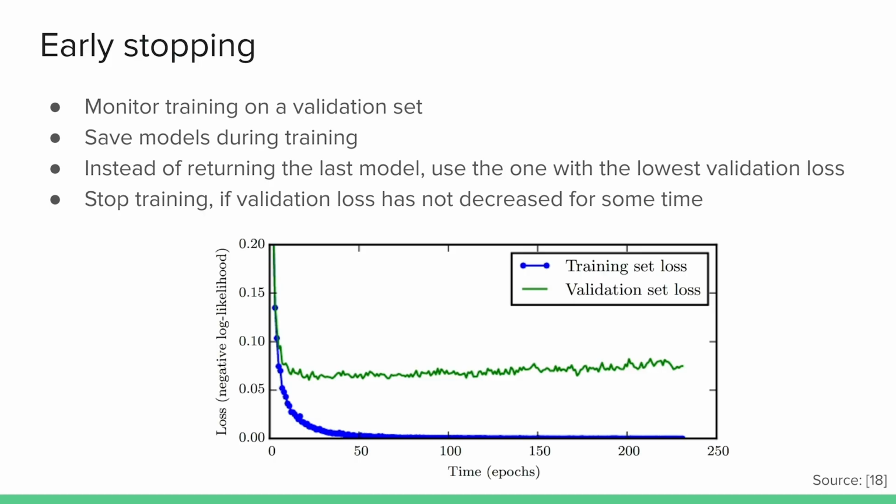So monitor your validation set, and if the performance on your validation set no longer improves for a certain time, you can stop training altogether. It's highly effective, simple to implement, and basically almost a free lunch. So take this and put it into your neural networks whenever you train something with machine learning and neural networks.